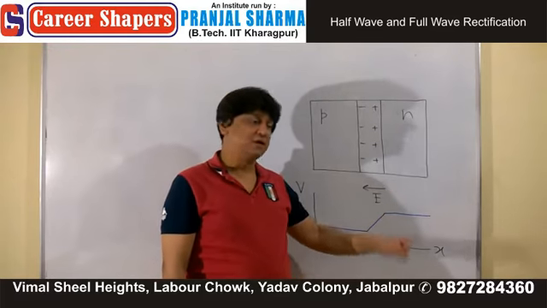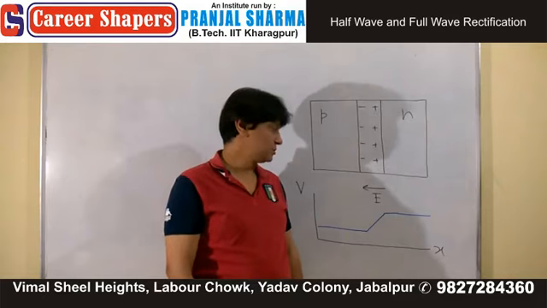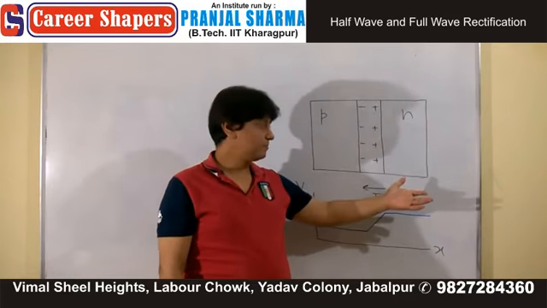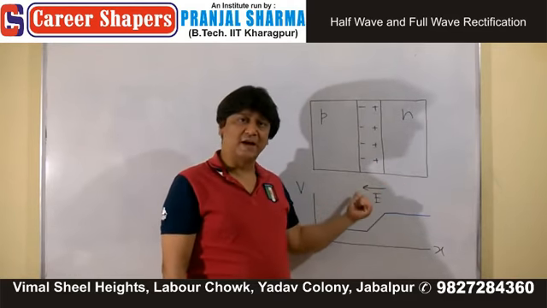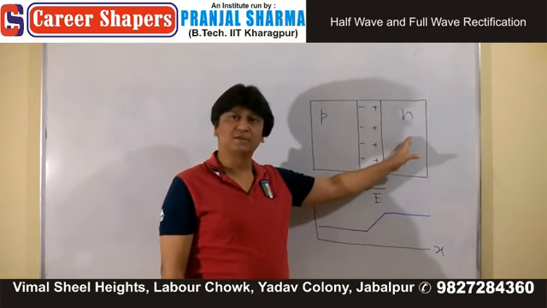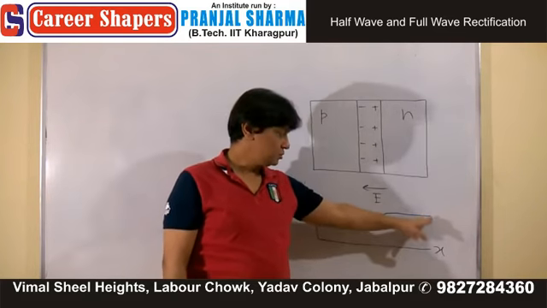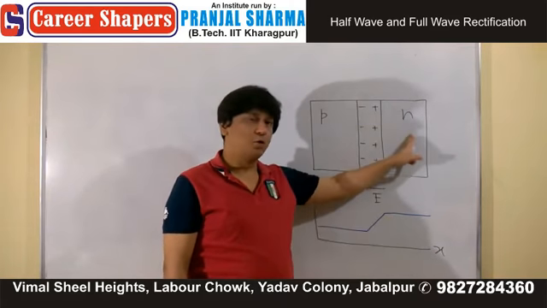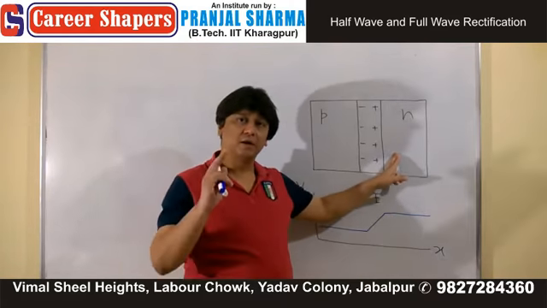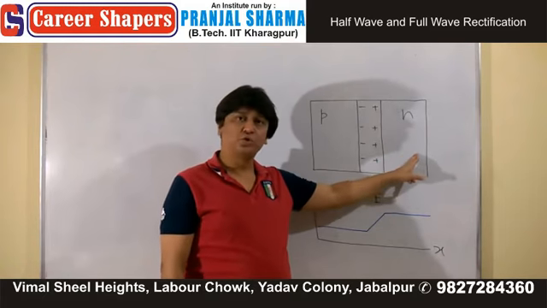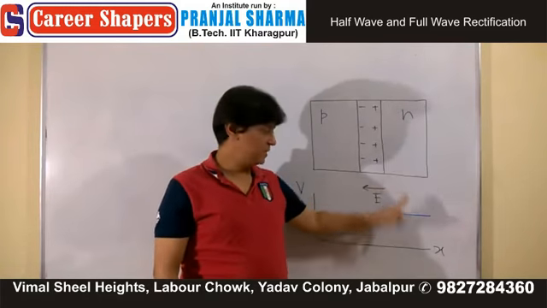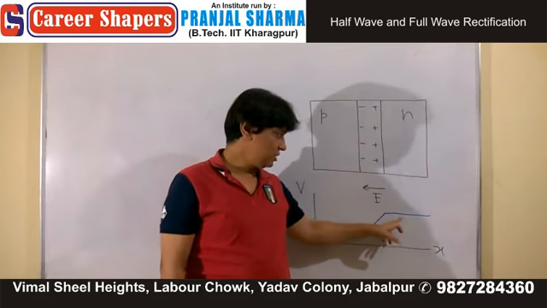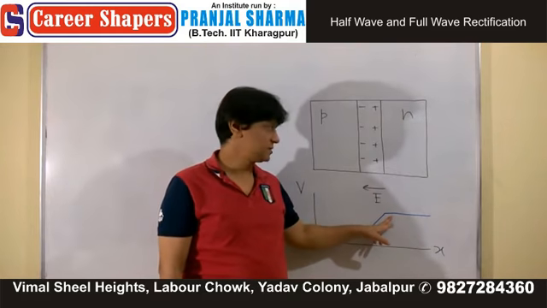The thing which matters is potential difference. We have taken, for the understanding purpose, that this side has some potential of 10. This is giving you 10 volts. There is no electric field. It means no change in the potential takes place.